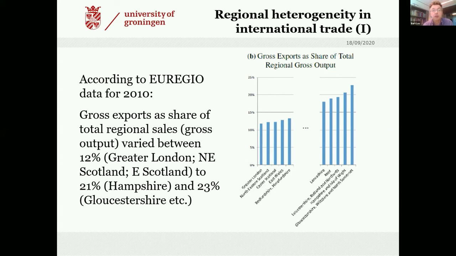But for Hampshire and for Gloucestershire, for example, we find shares that are about twice as high, or close to twice as high, 21 and 23% respectively. So there's quite some heterogeneity in terms of the dependence of regional economies in the UK on exports to foreign countries.